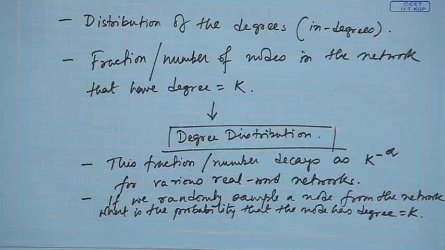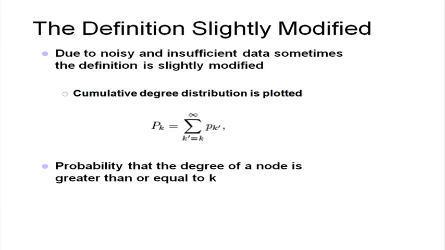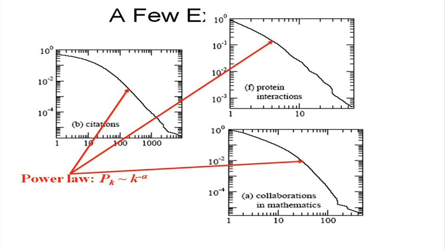So, in general, if you look at the slides, this degree distribution for various real world networks looks like the following three figures that I have shown you. In all these three figures, what we have plotted is the degree versus the fraction of nodes having that particular degree, and this follows a decaying behavior.